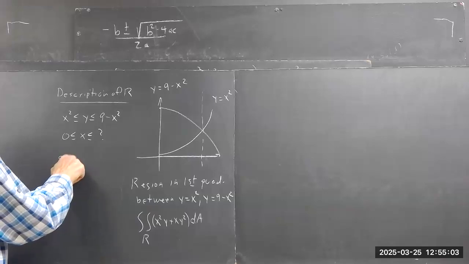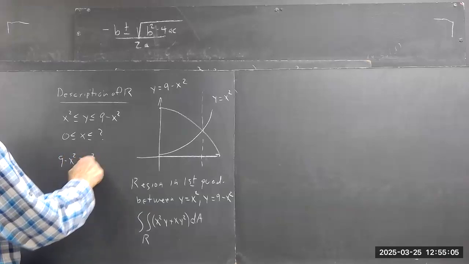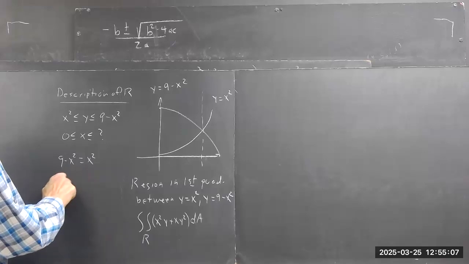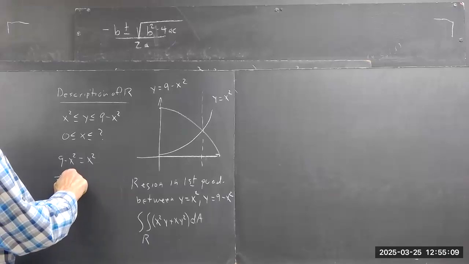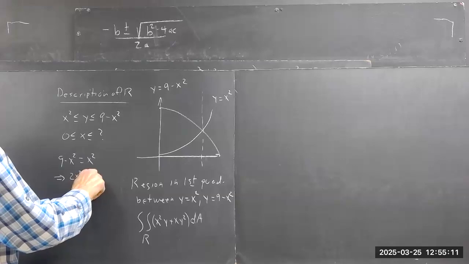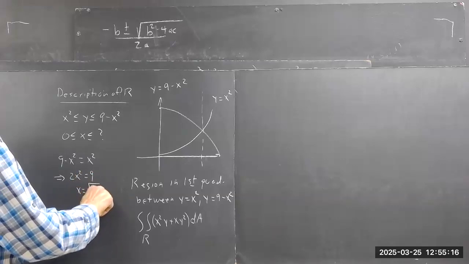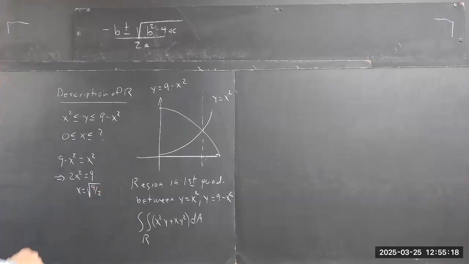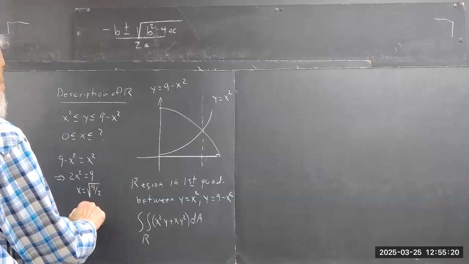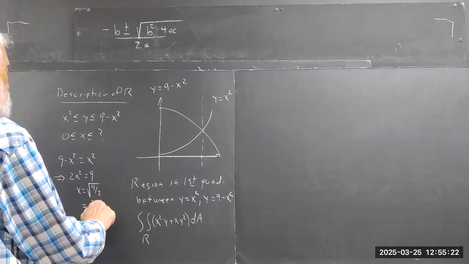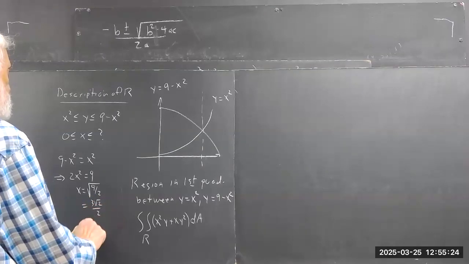Well, 9 minus x squared equals x squared implies that 2x squared equals 9, x equals square root of 9 halves, which equals 3 times the square root of 2 over 2.